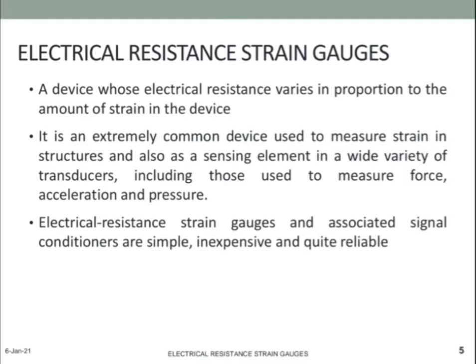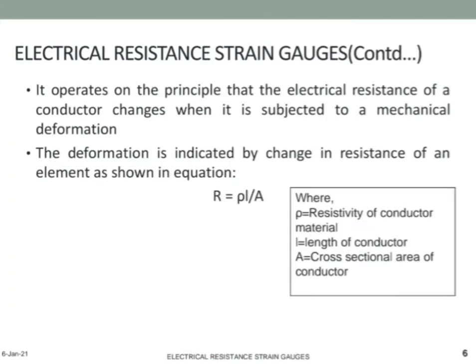It is an extremely common device used to measure strain in structures and also as a sensing element in a wide variety of transducers, including those used to measure force, acceleration, and pressure. Electrical resistance strain gauges and associated signal conditioners are simple, inexpensive, and quite reliable. It operates on the principle that the electrical resistance of a conductor changes when it is subjected to a mechanical deformation.